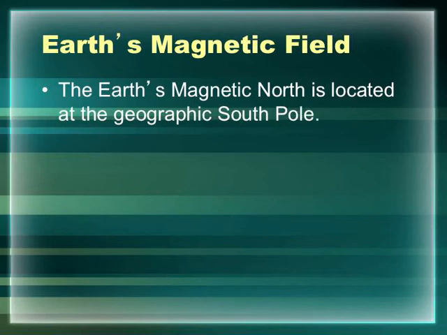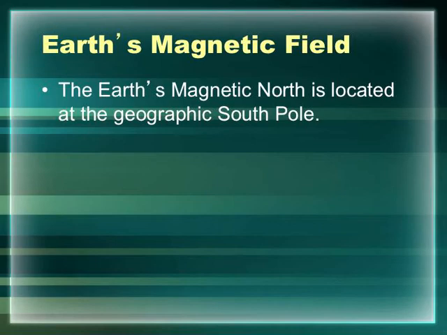Okay. So, just to make things extra confusing, if we let the Earth be a big magnet, then the magnetic north would be located at the South Pole. I didn't make that decision. But it's going to make sense in a second why.